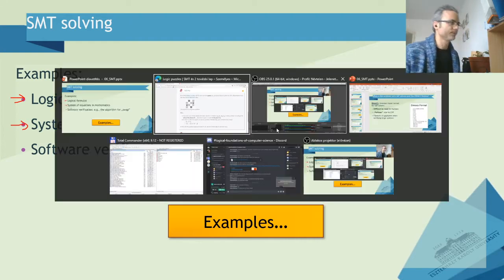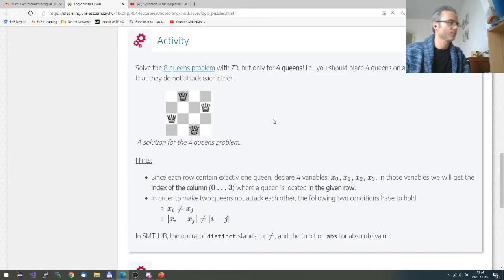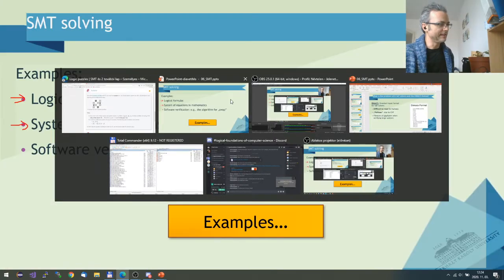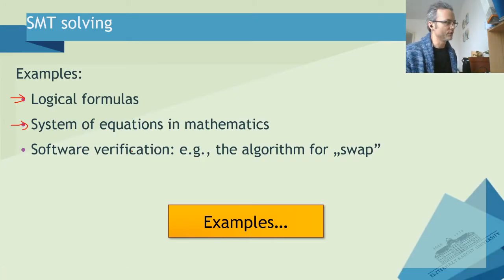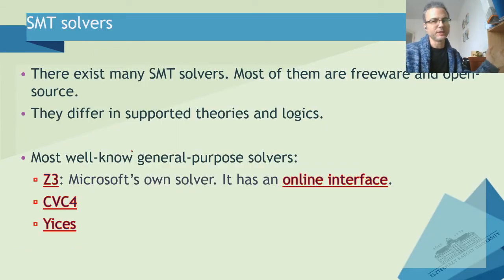Okay, so first of all, I need an SMT solver to use. There are several SMT solvers on the market. I already explained this. I'm going to use Z3, which has an online interface as well.